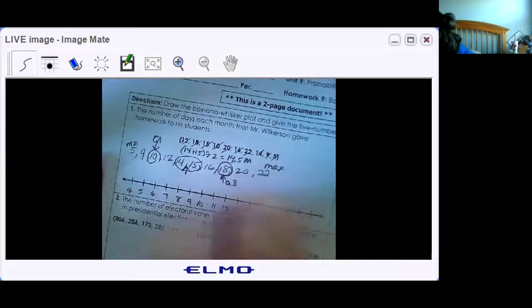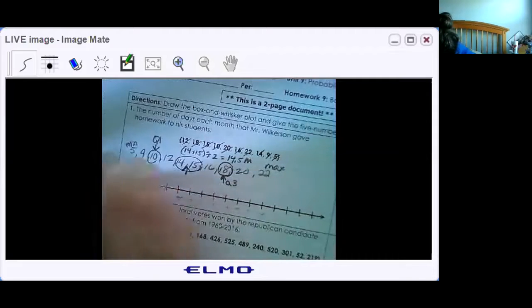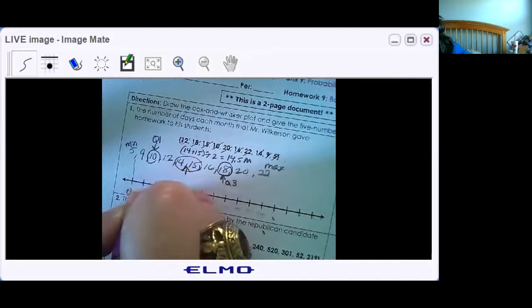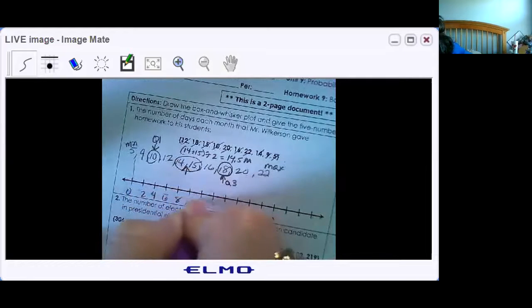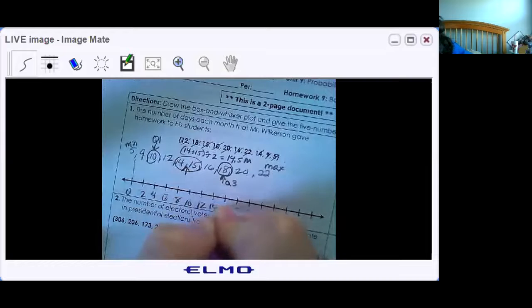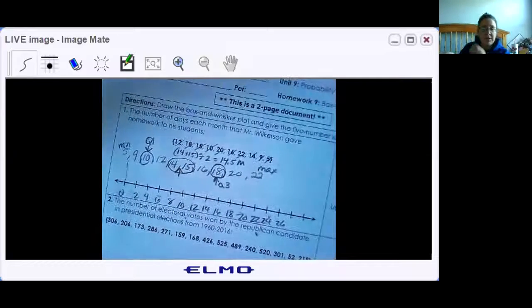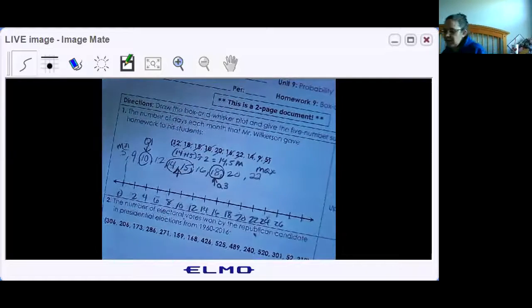I'm going to have to change how I do this. If I said this was 0 and then I did 2, 4, 6, 8, 10, 12, 14, 16, yep, this works. 18, 20, 22, 24, 26, and so on. So that worked a little better. It's always trial and error when we figure out our scale.